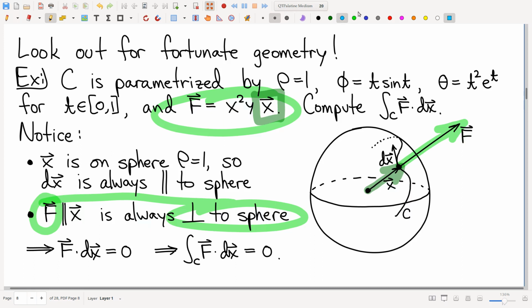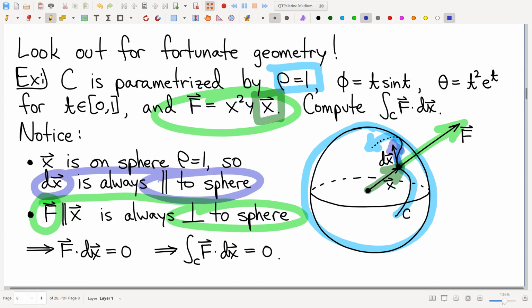Here's the second observation we'll make. Notice that complicated though this parameterization is, rho is always equal to 1. That means that every part of this curve is all on this sphere. I'm confined to the surface of the sphere, which means that my dx vector is always parallel to the sphere.